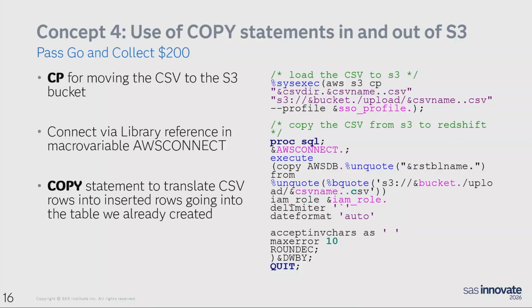We use our IAM role to authorize that conversation. We are also setting some guidelines: auto-format dates, accept invalid characters as a space, rounding decimal places, and asking it to allow a maximum of 10 errors before complaining. Now that the copy is complete, we can check for errors.